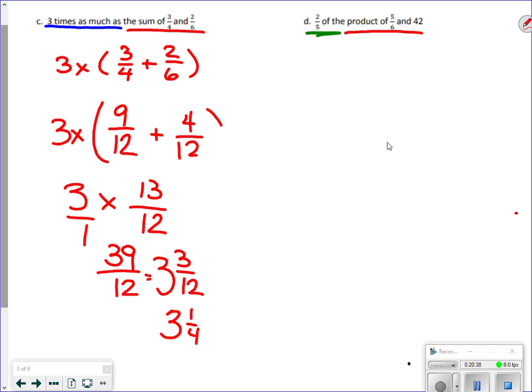What's the common denominator of 6 and 1? Oh, that's right. Okay, so 2/5 of the product of 5/6 of 42. That's what you should have.